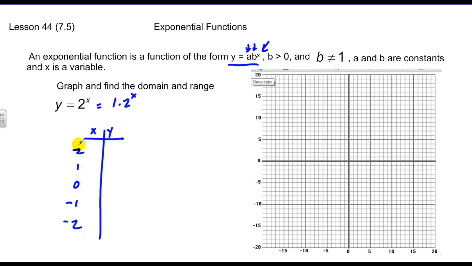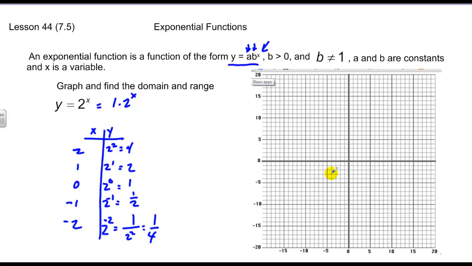So if I plug 2 into the x, I get 2 squared, which is equal to 4. 2 to the first is equal to 2. 2 to the 0, and we found out a couple of days ago that anything to the 0 power is 1. 2 to the -1 power: if I have a negative exponent, I take its reciprocal and make the exponent positive, so that's a half. And 2 to the -2: again, I take the reciprocal, make the exponent positive, so I have 1 over 4.